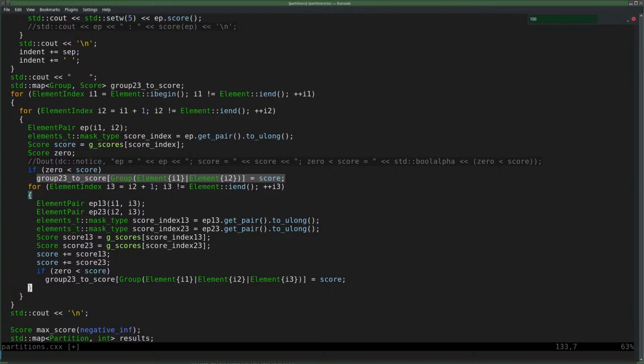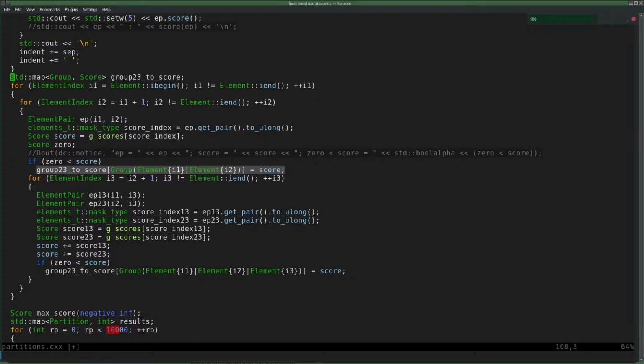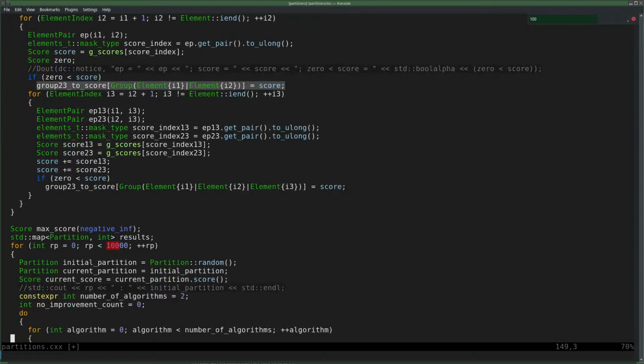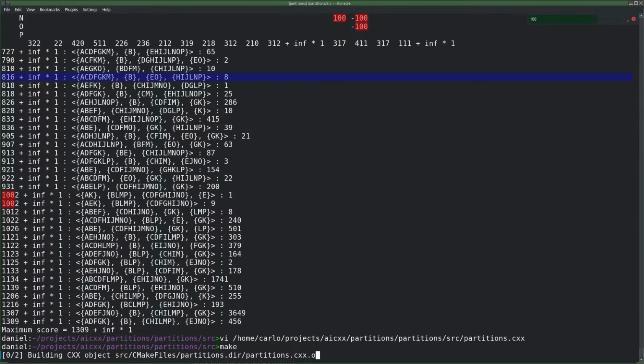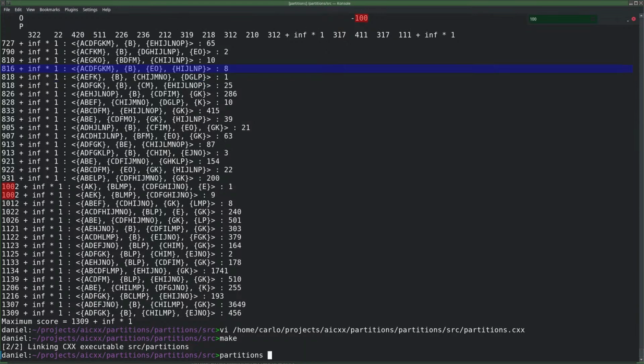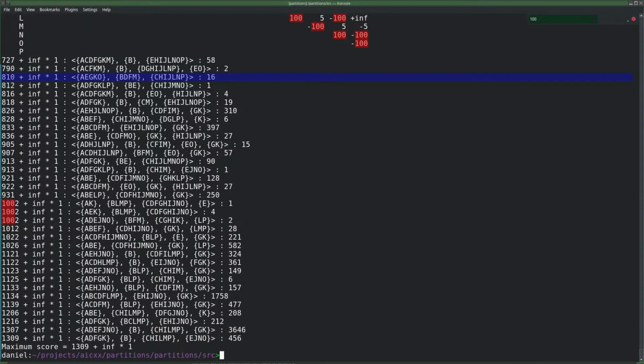Okay, I think that should work. And then afterwards, well, we are not printing anything. Let's start by looking if it still compiles. It compiles, it runs.